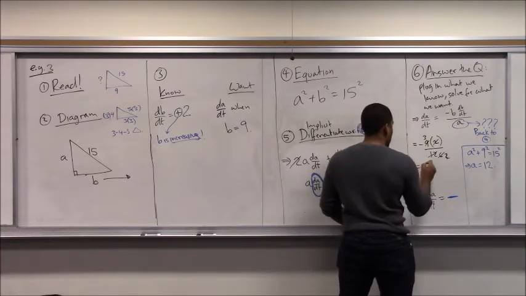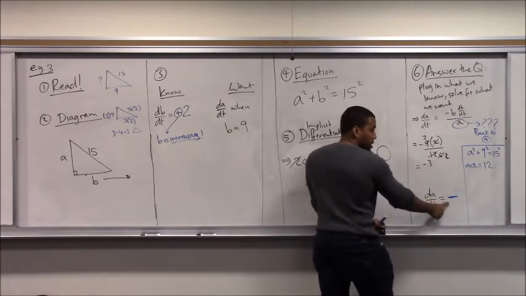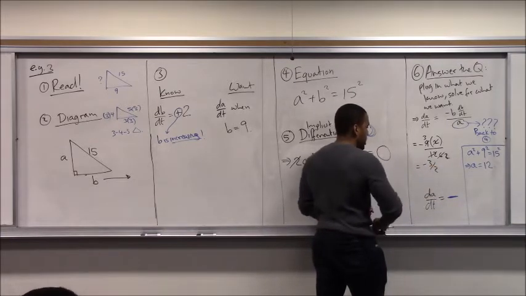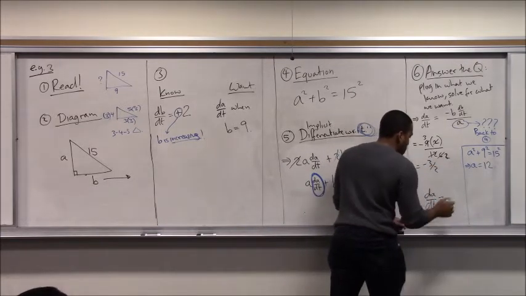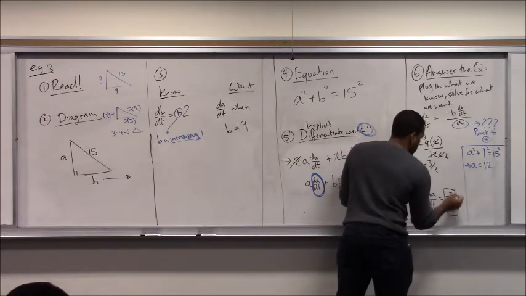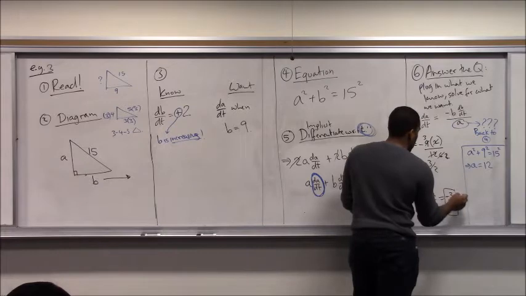So it's minus 3 over 2. And now it makes sense: we actually predicted that the answer would be negative, so we have reason to be confident in our answer here. Minus 3 over 2 is the answer, and this is in feet per second.